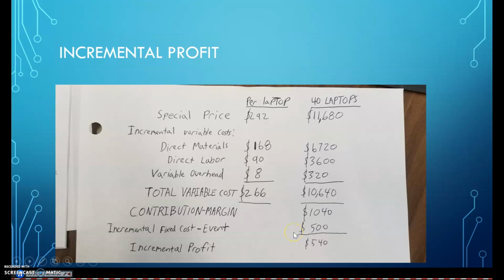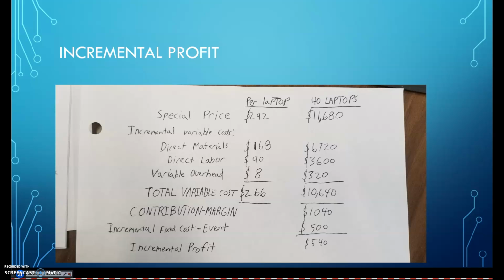So, more information on it. The contribution margin is $1,040, and to get that, you basically do sales minus variable costs.